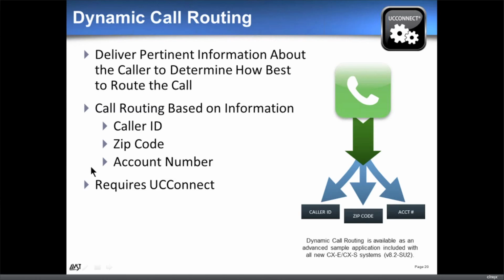This can be based on caller ID delivered by the PBX integration, or by prompting the caller to enter their phone number, their zip code, an account number, a number of different types of inputs that the caller can trigger, and we can route the call based on that.